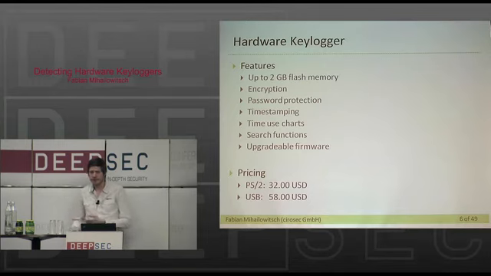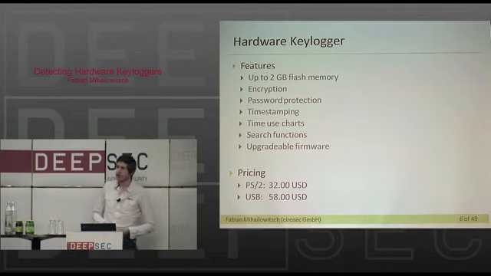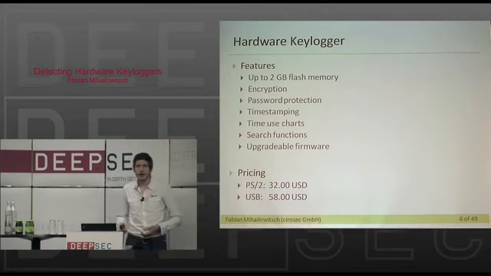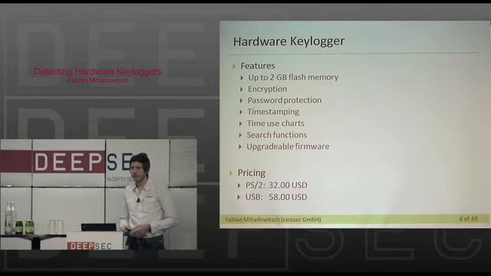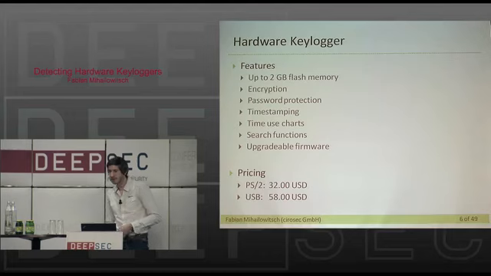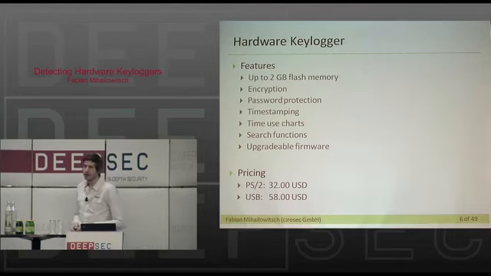They have search functions to search through the logs. You have models where you can upgrade the firmware, so it's quite complex. Those devices have plenty of functionalities, but they are quite cheap. They start at a price of 32 US dollars for PS2 and around 58 US dollars for USB, so quite cheap.